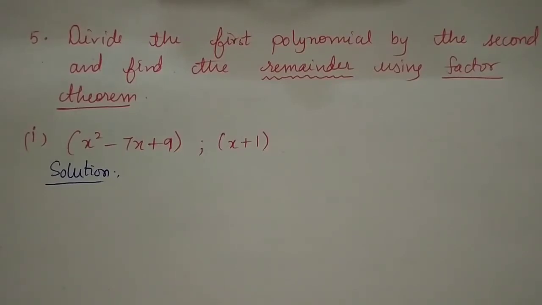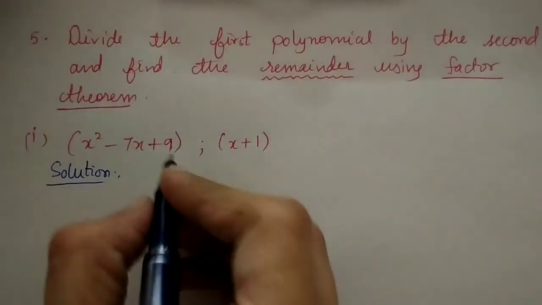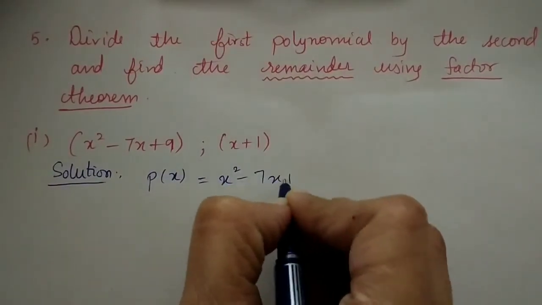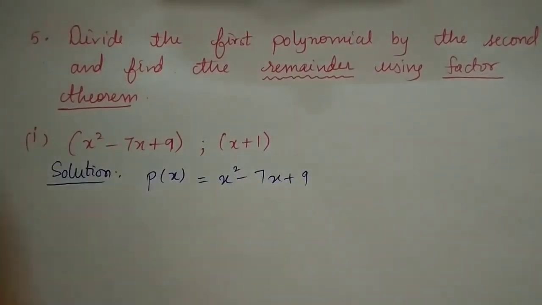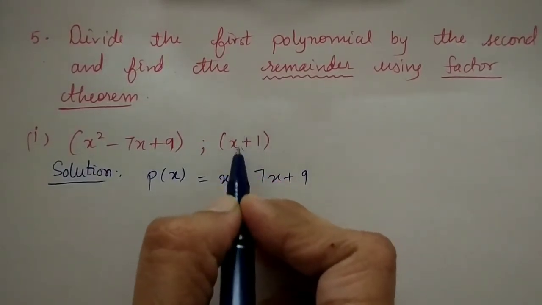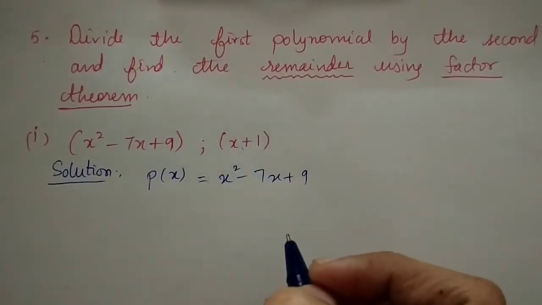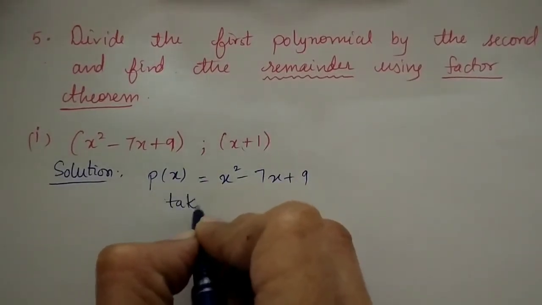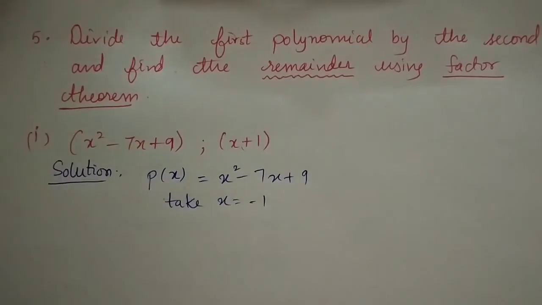So how you have to do is, you first have to write down the polynomial. You have to write down p of x is equal to x square minus 7x plus 9, and then your divisor is x plus 1. Okay, so you have to take the opposite of this plus 1. So opposite of plus 1 will be minus 1. So we will take x is equal to minus 1.